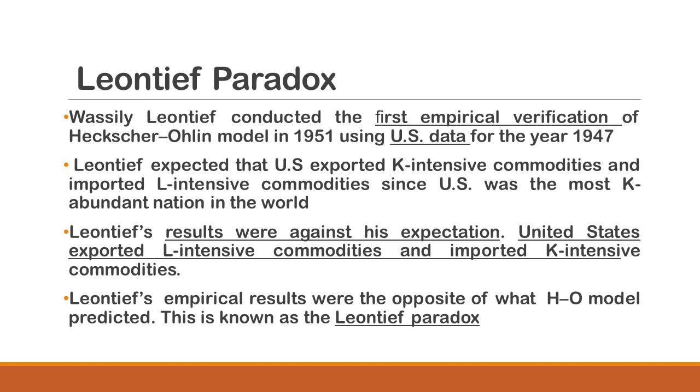So according to Heckscher-Ohlin theorem, since America was a capital abundant nation, it was expected that it exports capital intensive commodities and imports labor intensive commodities.